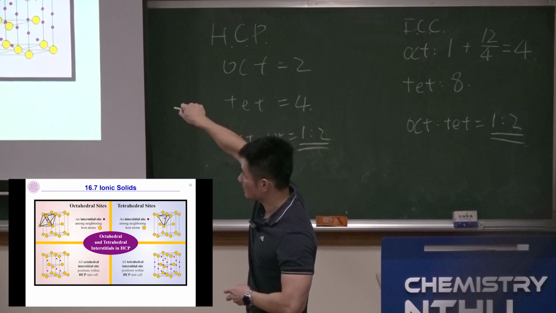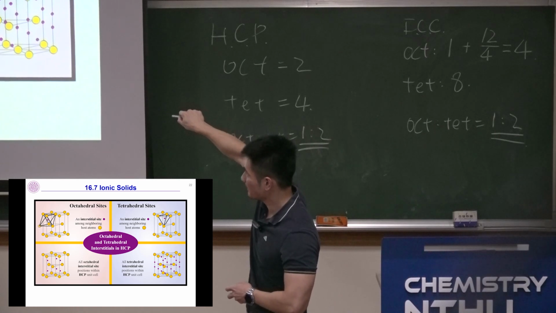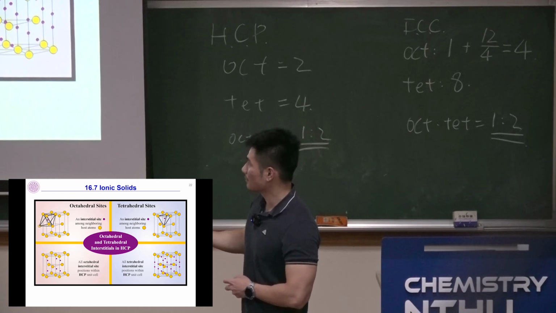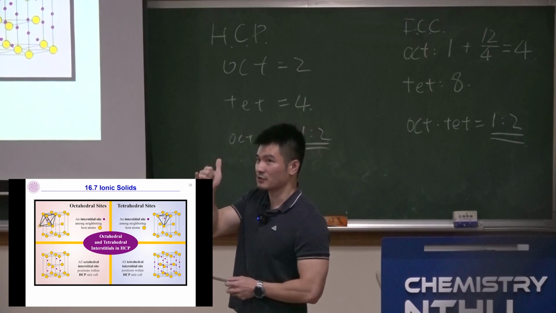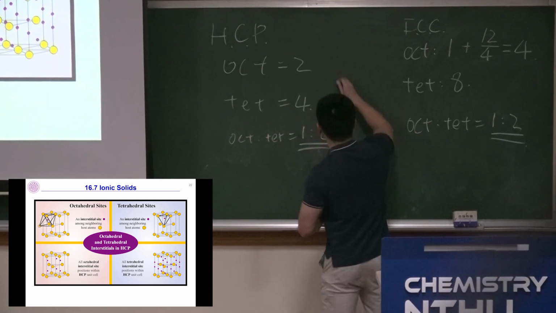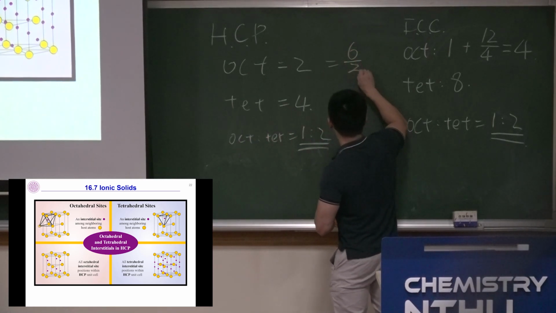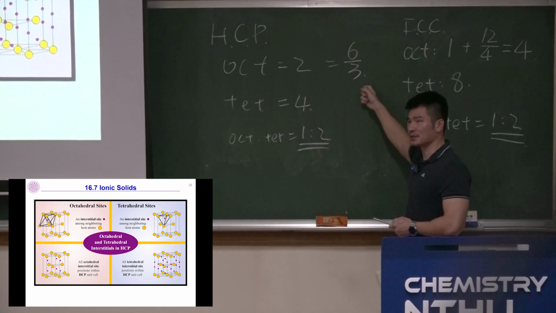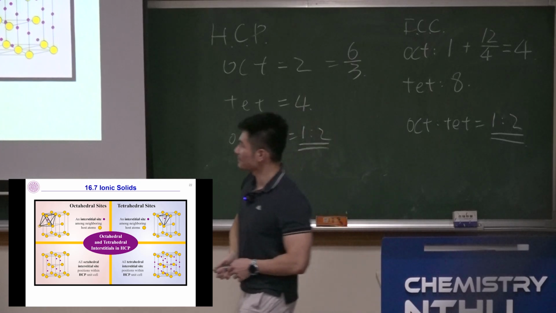Now in this hexagon we have 3 octahedral holes here. In this hexagon here we have another 3. 3 on the top, 3 at the bottom. Total is 6 octahedral holes shared by 3 unit cells. So it's 6 divided by 3. Divided by 3 because there are 3 unit cells. And how do you see this?